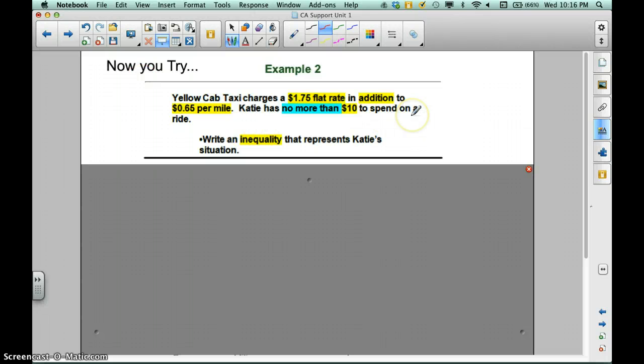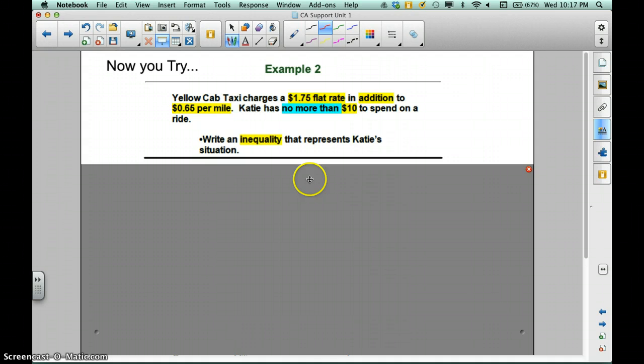This example says the Yellow Cab taxi charges $1.75 flat rate and in addition 65 cents per mile. 65 cents, make sure you use the decimal 0.65. Don't put 65 with a cent symbol. You can't do that in an equation. Katie has no more than $10 to spend on a ride.